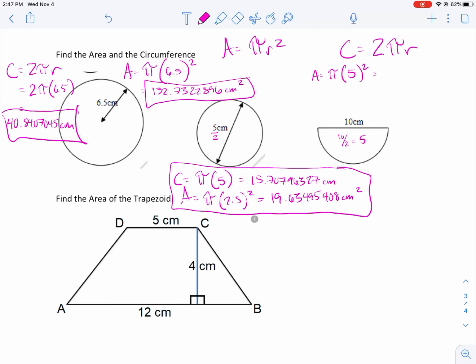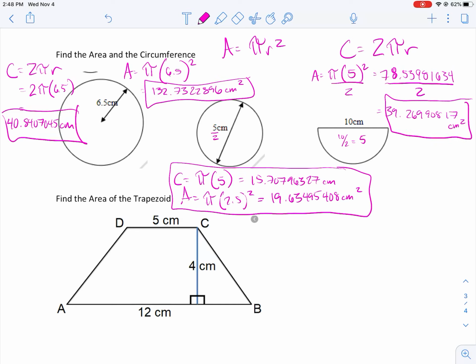If we had a whole circle here, we would have 25 times pi, which would be 78.5398. And then we have to divide that by 2. So our answer is 39.27 centimeters squared.